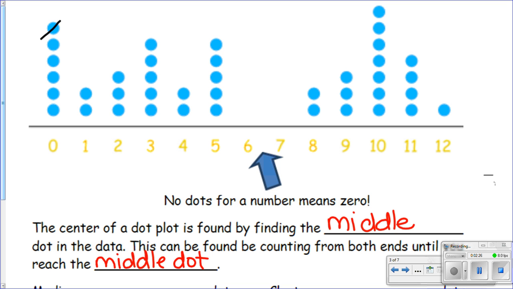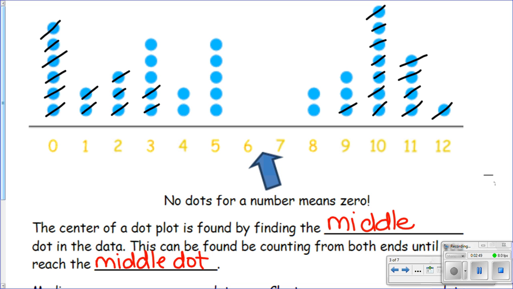It doesn't matter if you cross off top or bottom, as long as it's a left-right motion to find where the center dot is. The center happens at 5 minutes in this particular dot plot.